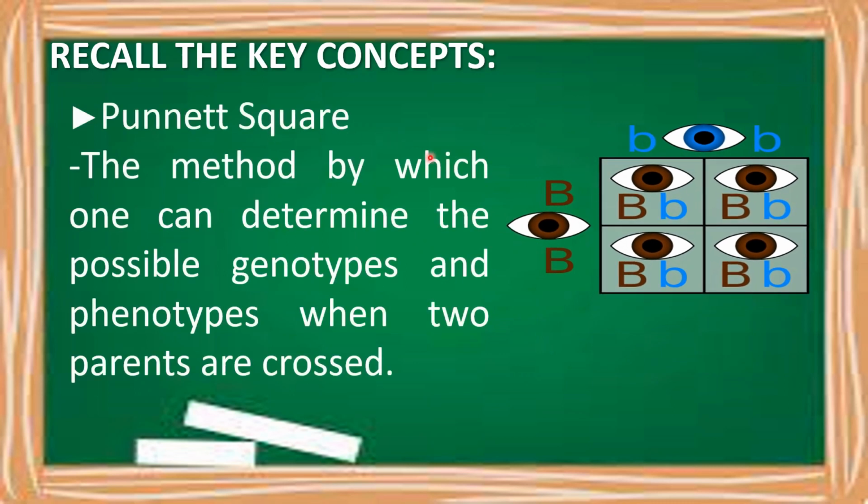Punnett square, the method by which one can determine the possible genotypes and phenotypes when two parents are crossed. Meaning, a Punnett square is a very helpful tool that helps to predict the variations and probabilities that can come from crossbreeding. This includes predicting crossing plants, animals, and even humans with each other.